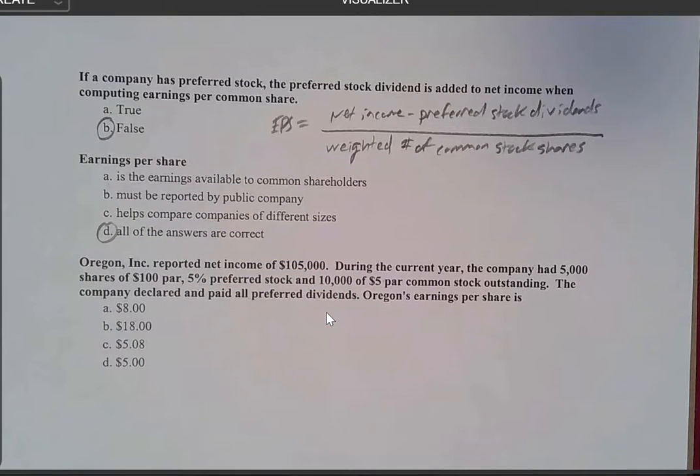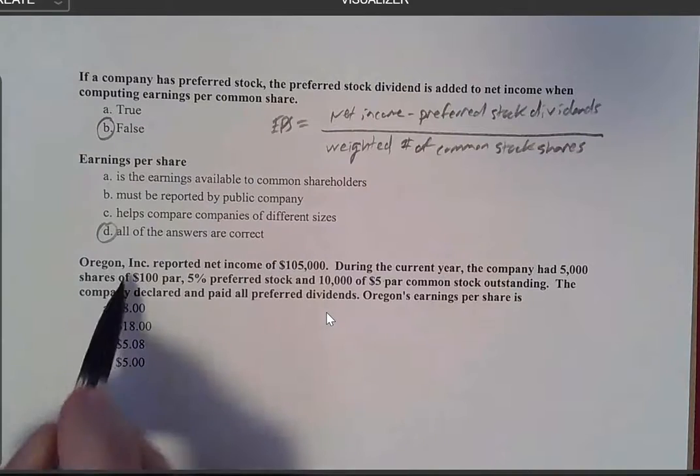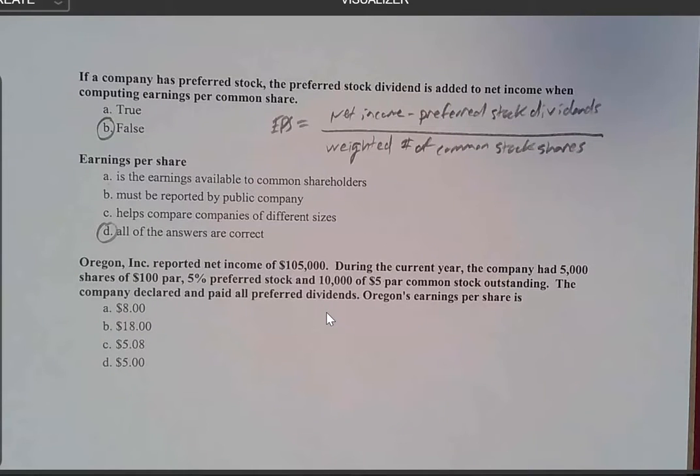Finally, a little calculation question. It says Oregon Incorporated reported net income of $105,000. During the current year, the company had 5,000 shares of $100 par, 5% preferred stock, and 10,000 shares of $5 par common stock outstanding.